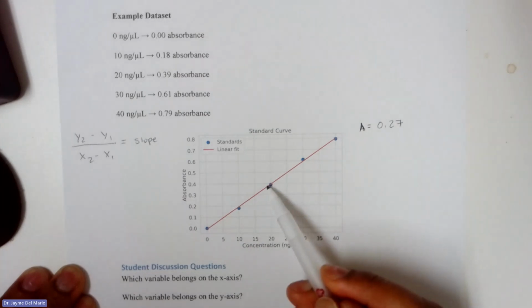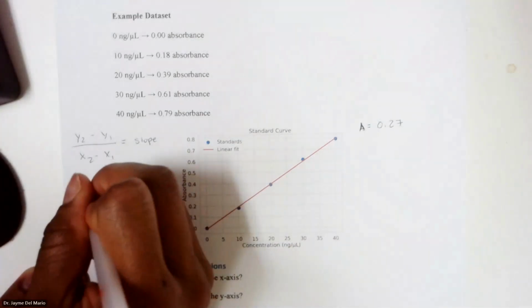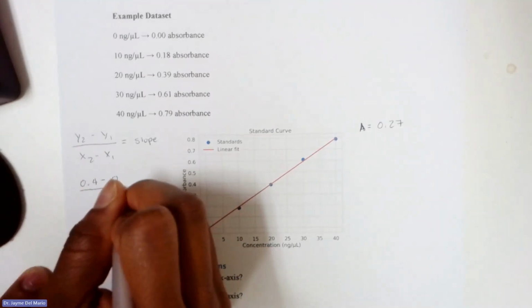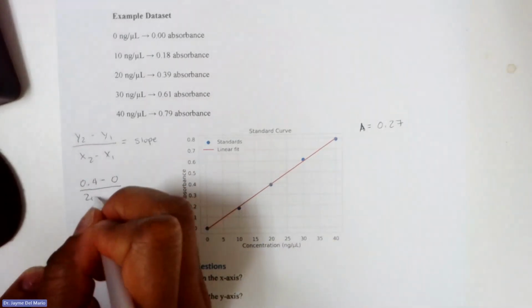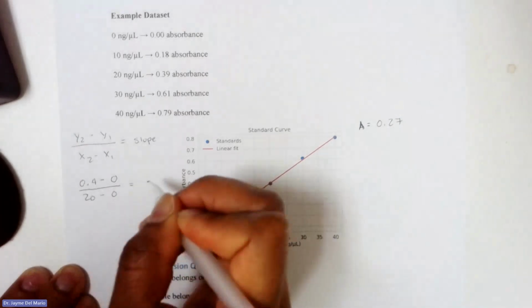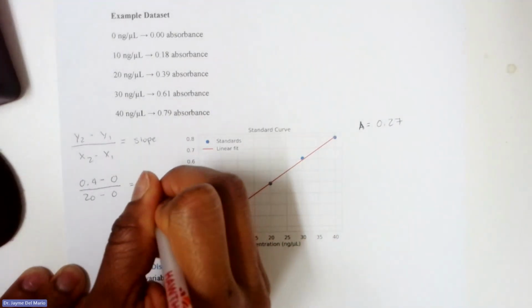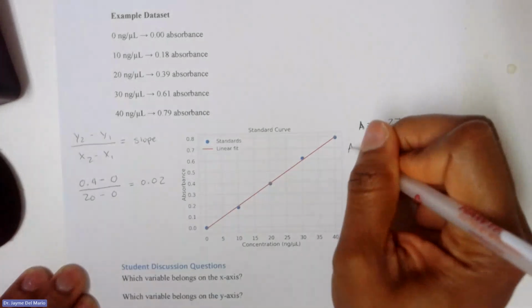So I'm going to take this one. The y value that matches up with this is 0.4, minus 0 again. And then the x value for that 0.4 is 20. So 20 minus 0. And when I put this in the calculator, I will get 0.02.